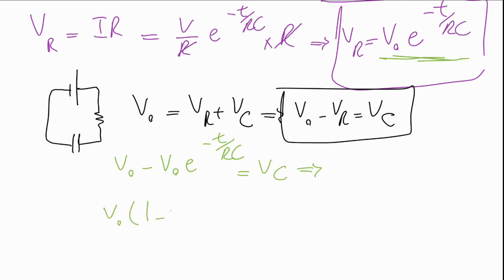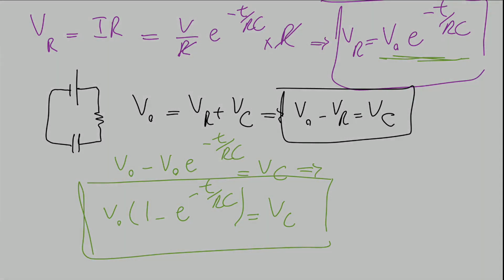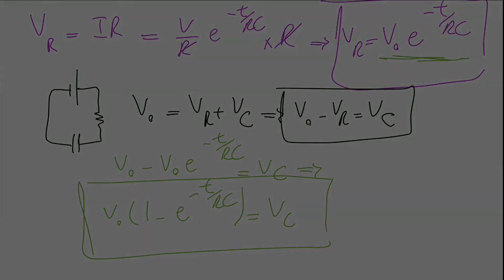VC can be simplified to V0 multiplied by 1 minus e to the power of minus t over RC. This is the formula of the voltage across a capacitor with respect to time.